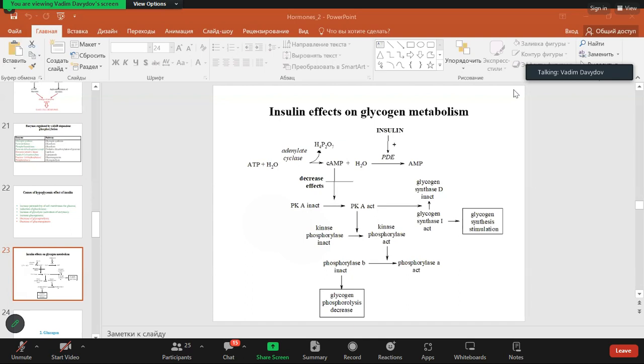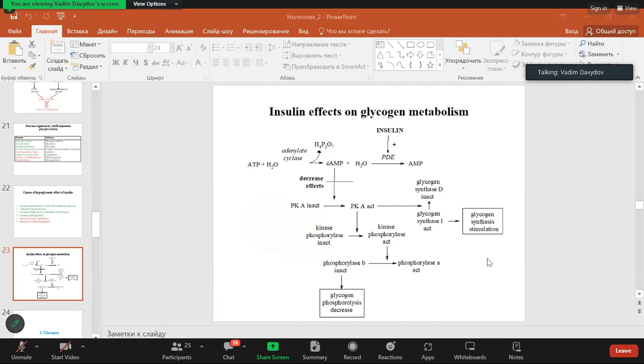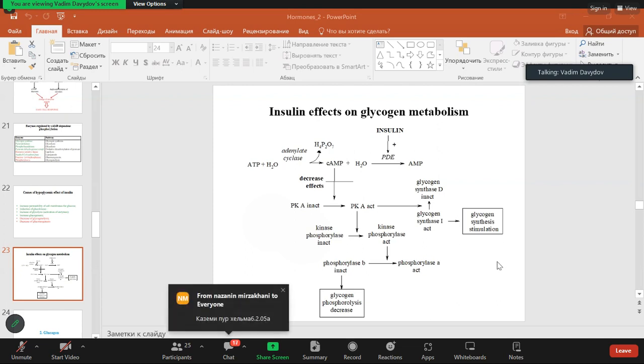Glucose penetrates the adipose tissue cell and here undergoes transformation into lipids. That is another effect of insulin which leads to increased lipogenesis in adipose tissue. Moreover, insulin increases biosynthesis of protein.